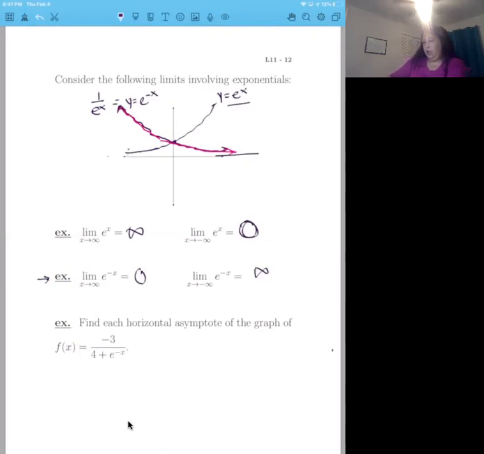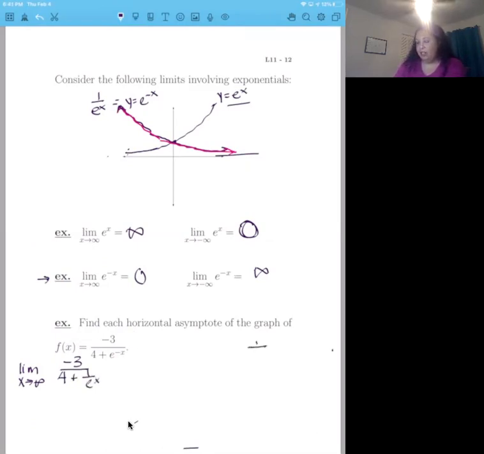All right, so we're going to look for the horizontal asymptotes of this function right here. So the way that we look for them, we take the limit as it goes to infinity, the limit as it goes to negative infinity. So let's start by taking the limit as x goes to infinity of -3 over 4 plus 1 over e to the x. Well, let's take a look at this 1 over e to the x.